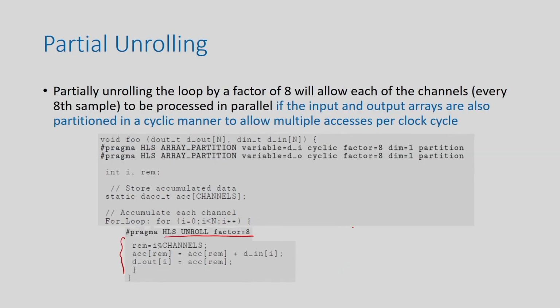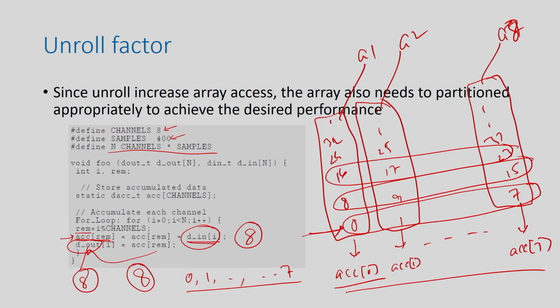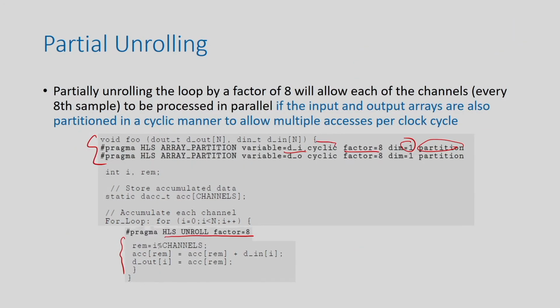So, that is what can be done by this pragma: you partition the array D in by a factor of 8 and you partition dimension 1. Dimension 1 means it is only one dimension. This is actually important, the cyclic. If you just write cyclic, it will put 0 in partition 1, 1 in partition 2 and so on.